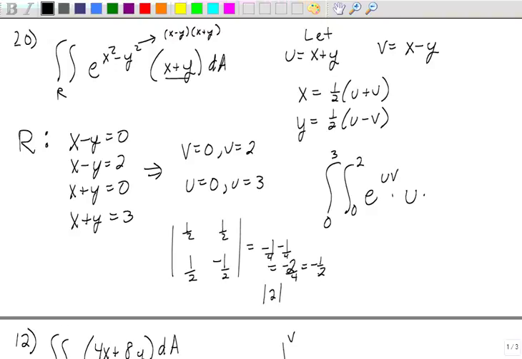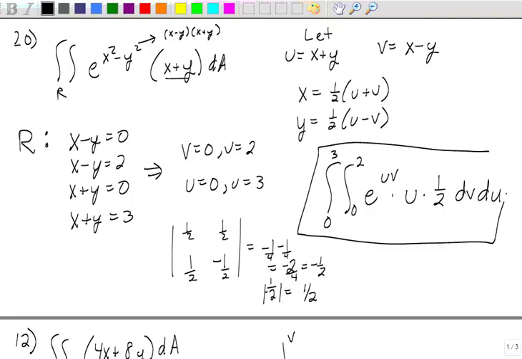It's minus 1/2, so the absolute value is 1/2, so we need a 1/2 here, and then we do du. Let's do v first. It'll be easier, then you won't have to use parts. So dv du, and v goes from 0 to 2 and u goes from 0 to 3. So this is what we're integrating. If we do v first, it's easier, because otherwise if you do u first, you have to use integration by parts.